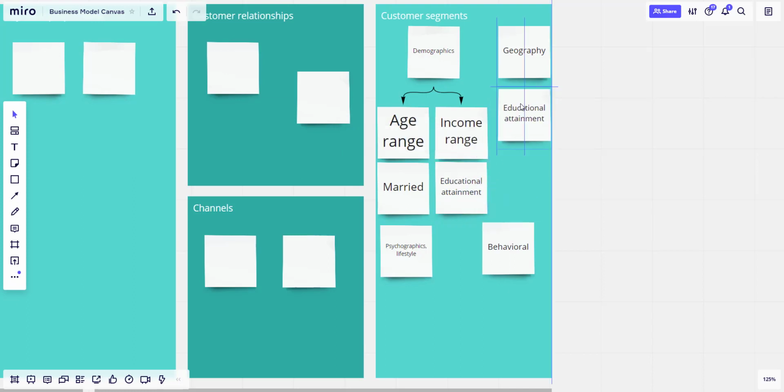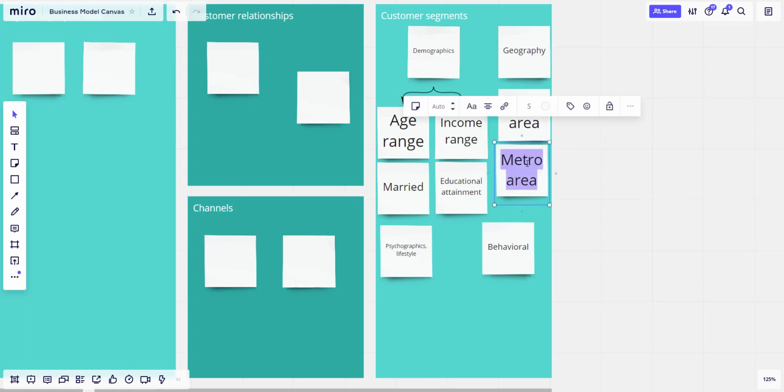Okay, so you've got a business to consumer business, B2C. Oftentimes geography will be an important variable. Maybe you're targeting a certain metro area, or maybe you are focused a little more narrowly and you're targeting one or more zip codes only.